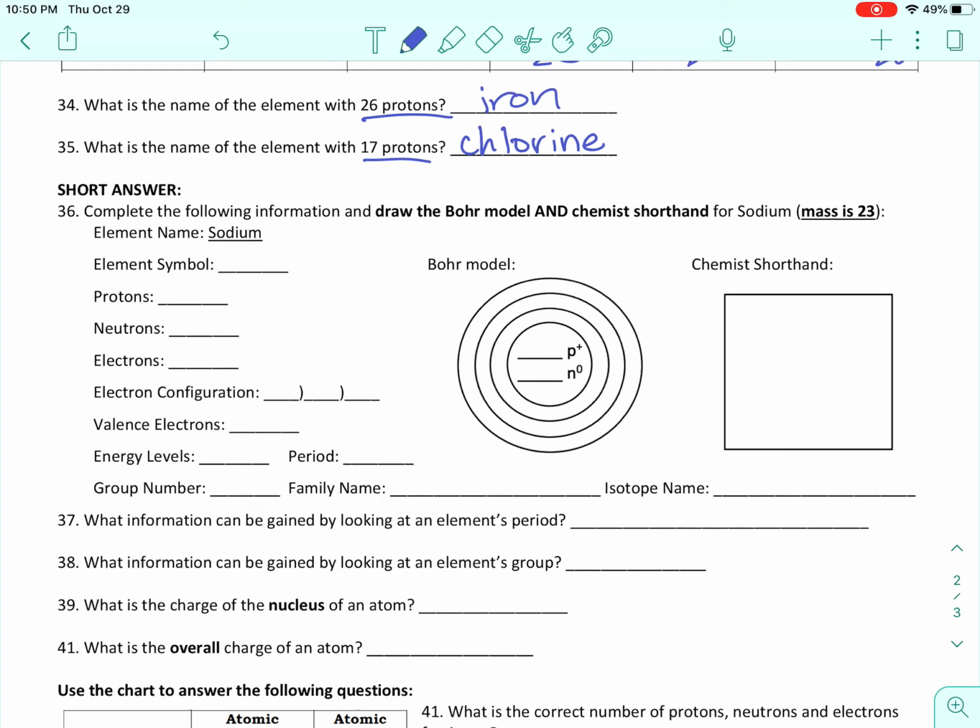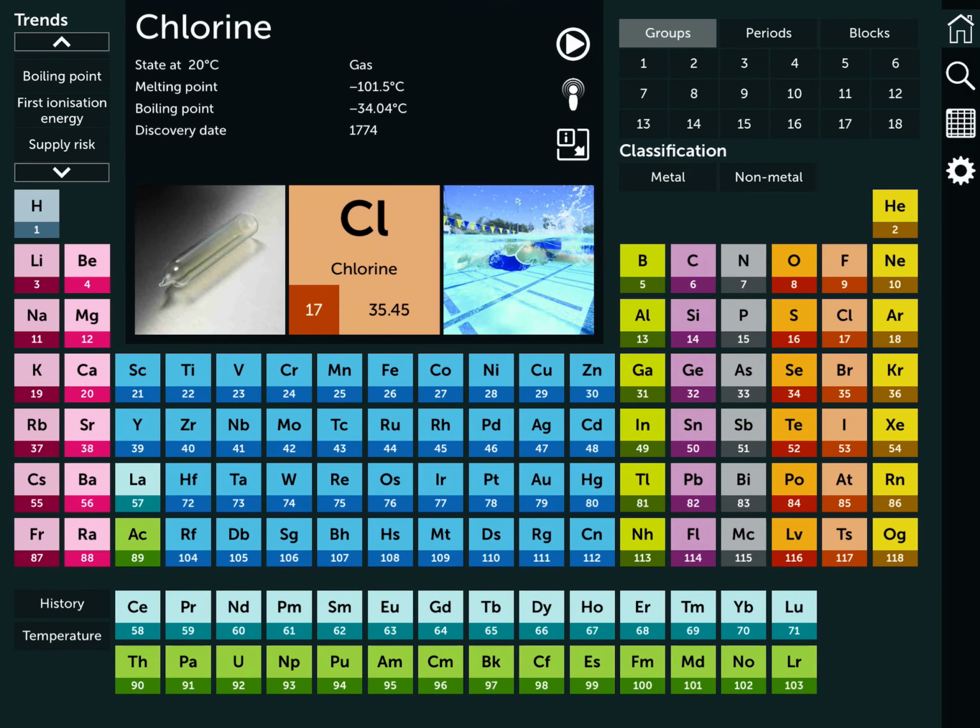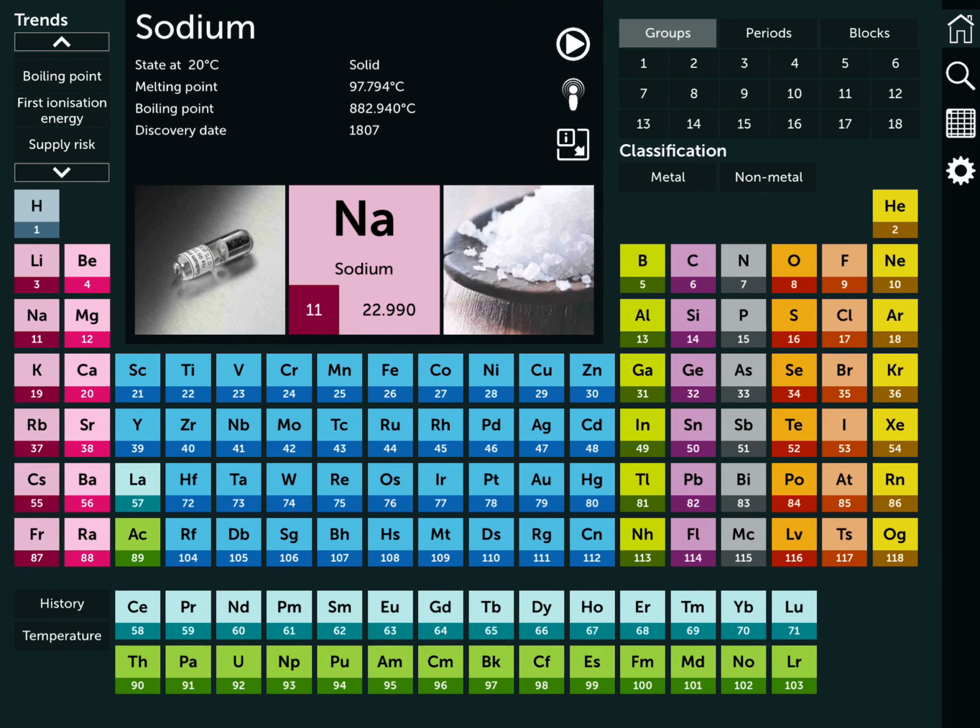Complete the following information and draw the Bohr model in the chemist shorthand for sodium. Mass is 23, so there's that information. The symbol for sodium, remember, is Na. If we look it up on the periodic table, we're going to find that sodium has an atomic number of 11.